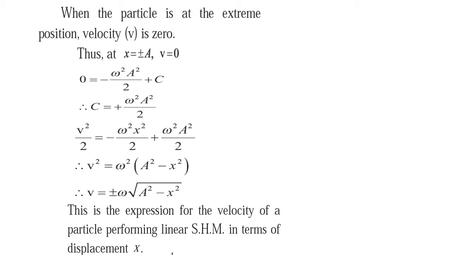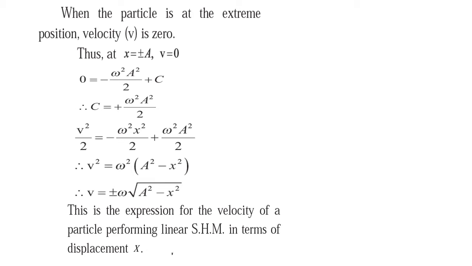Let us substitute this value of c in the earlier equation. So we have v square upon 2 is equal to minus omega square x square upon 2 plus, instead of c, omega square a square upon 2. This 2 will get cancelled, and we will have v square is equal to minus omega square x square plus omega square a square.